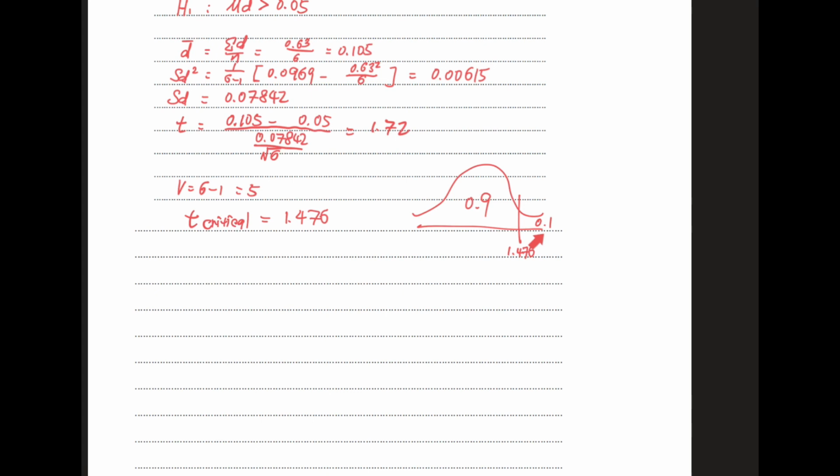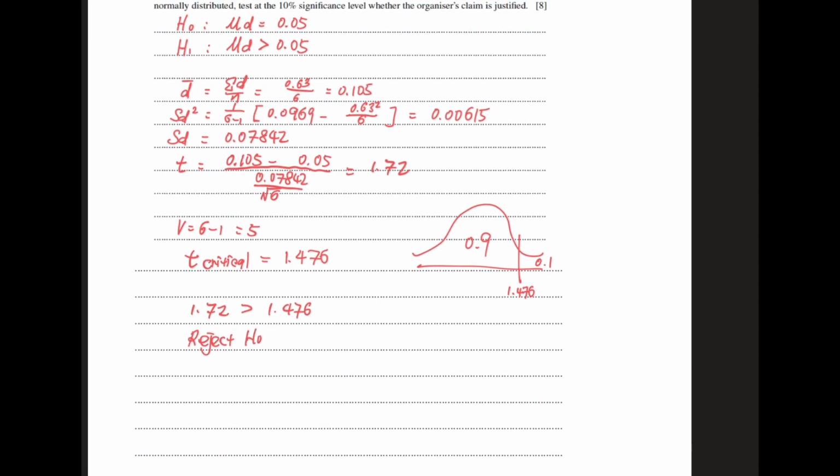So when it's in the critical region, we just write 1.72 is more than 1.476, so it is in the critical region and hence we reject H0. The conclusion is we follow the H1 conclusion, hence mu D is more than 0.05.